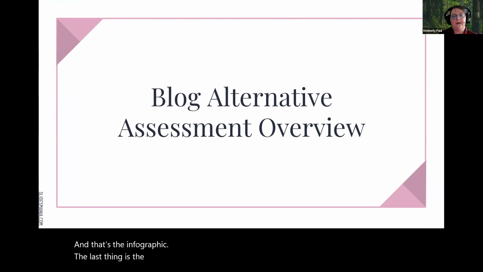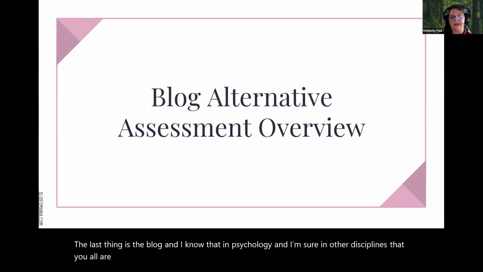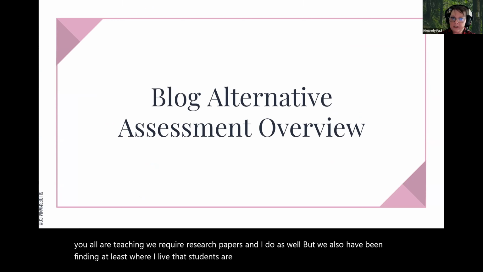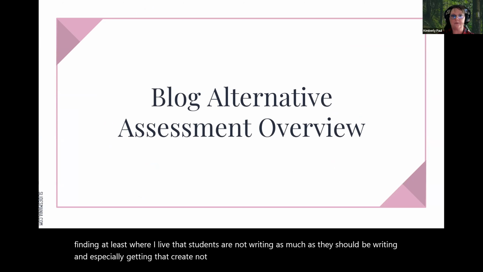And I know that in psychology, and I'm sure in other disciplines that you all are teaching, we require research papers, and I do as well. But we also have been finding, at least where I live, that students are not writing as much as they should be writing, and especially getting that not only creative writing, but also being able to put things in an academic voice.